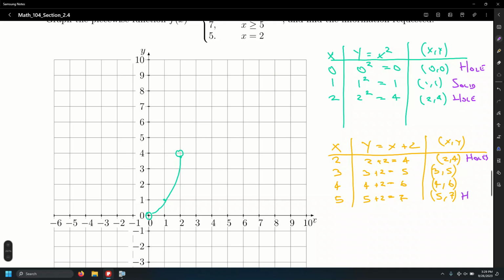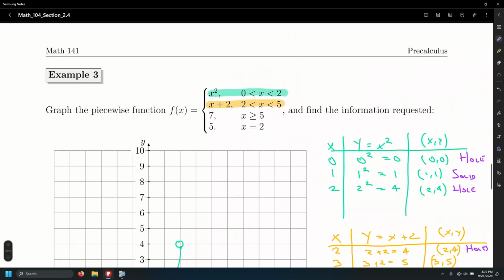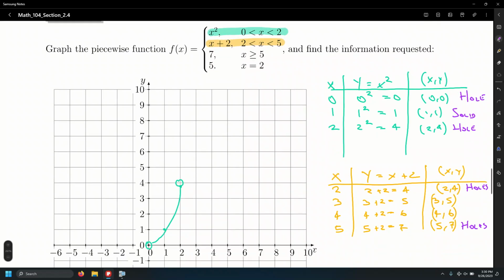How do we know those are holes? Well, that's because of the inequality symbols in the condition. Let me scroll it up a little bit. Notice how we have just the greater than only, less than only, without the equal. If we had the equal part, then we would put solid points. Everything else in between, however, those are solid.